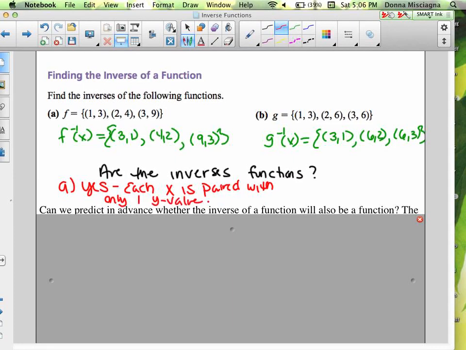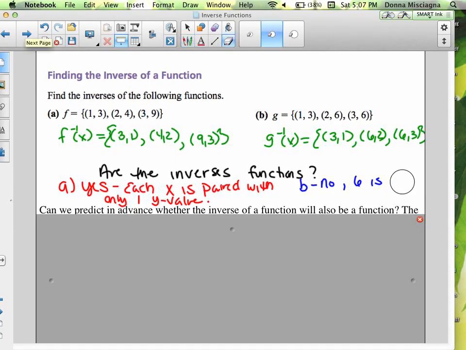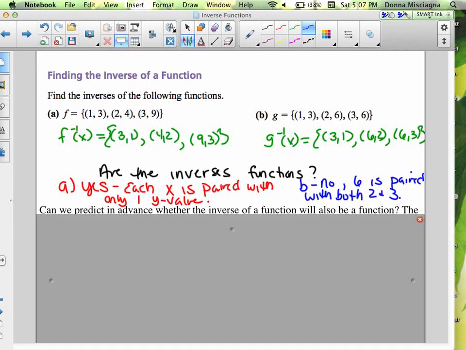But B, not so much. B was a no. 6 is paired with both 2 and 3, and that's no good. An x can't be paired with 2 y values and still be a function.